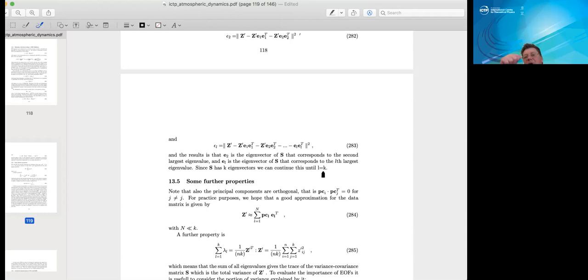So the number of our EOFs can be as large as the spatial dimension of our data set. So if we have 100 times 100 grid points, that is 10,000, then we can find 10,000 of these EOFs. And then if we add them all up, we can express the whole data set completely.